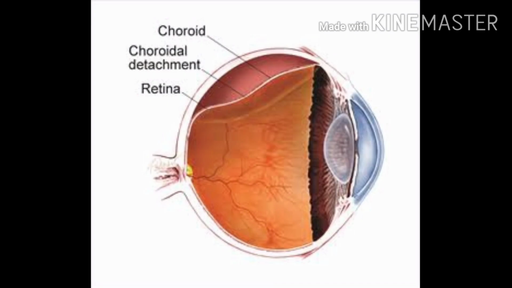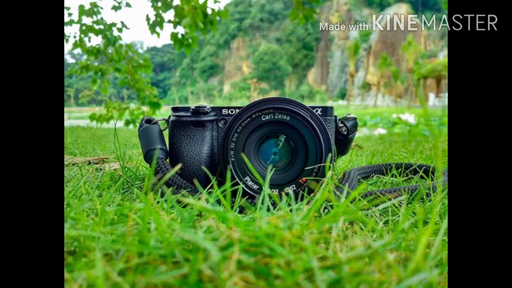This happens in the retina, the light sensitive layer of cells at the back of the eye that acts much like the light sensitive chip in a digital camera. As with a camera, things can go wrong.